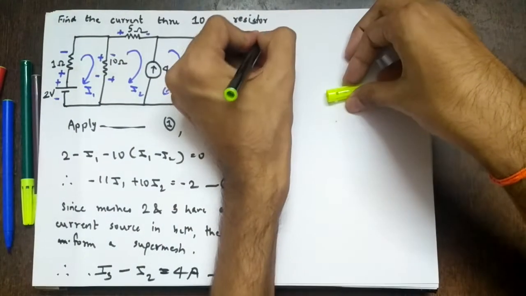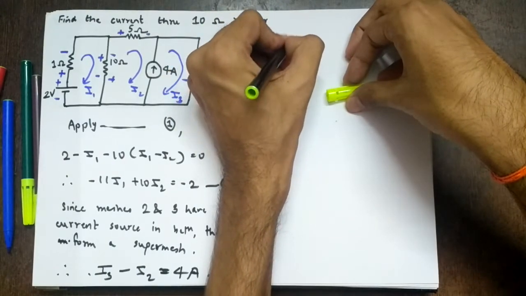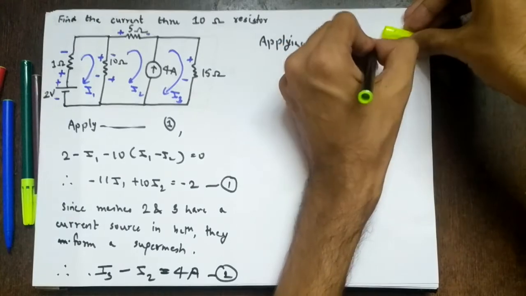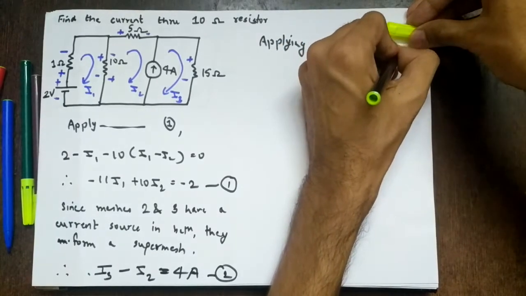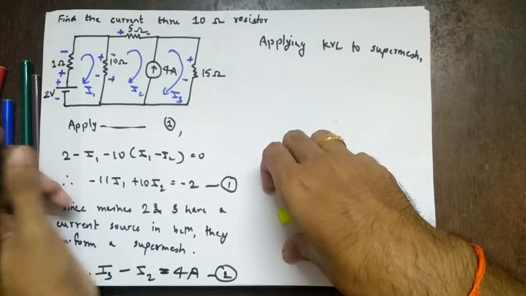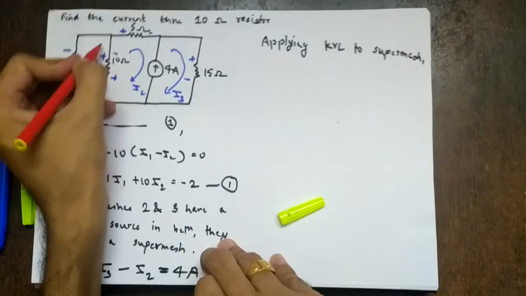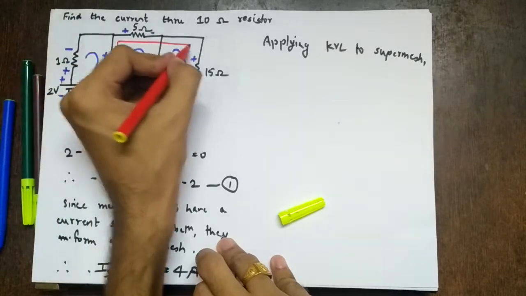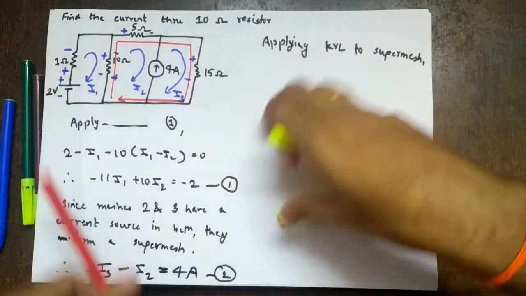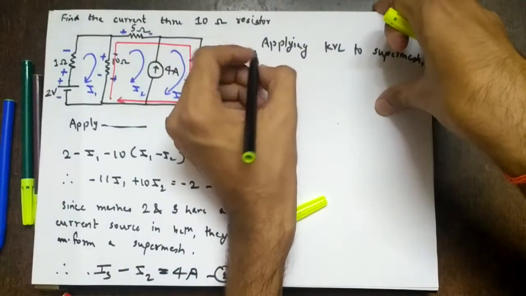Next we write, applying KVL to the supermesh. Okay, so which is our supermesh? I'll draw with the red sketch pen. This is our supermesh. We'll apply KVL in this direction. We'll start from here. So what will we get?